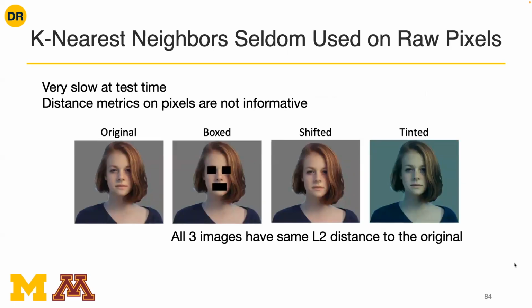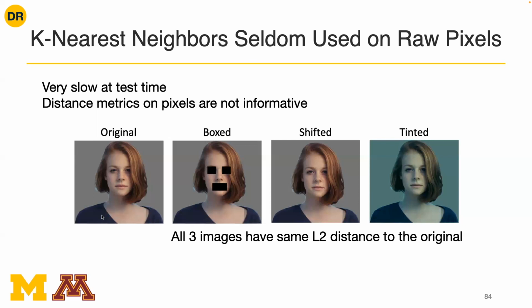Another reason why k-nearest neighbors is held back is that evaluating distance on raw pixels can have its own issues. In particular, we have to deal with that semantic gap, right? If we're working with raw pixel values, we're ignoring high-level concepts. To give a qualitative example of that, the 3 images on the right-hand portion of this figure are all modified versions of the original, and those all have the same distance metric to the original.